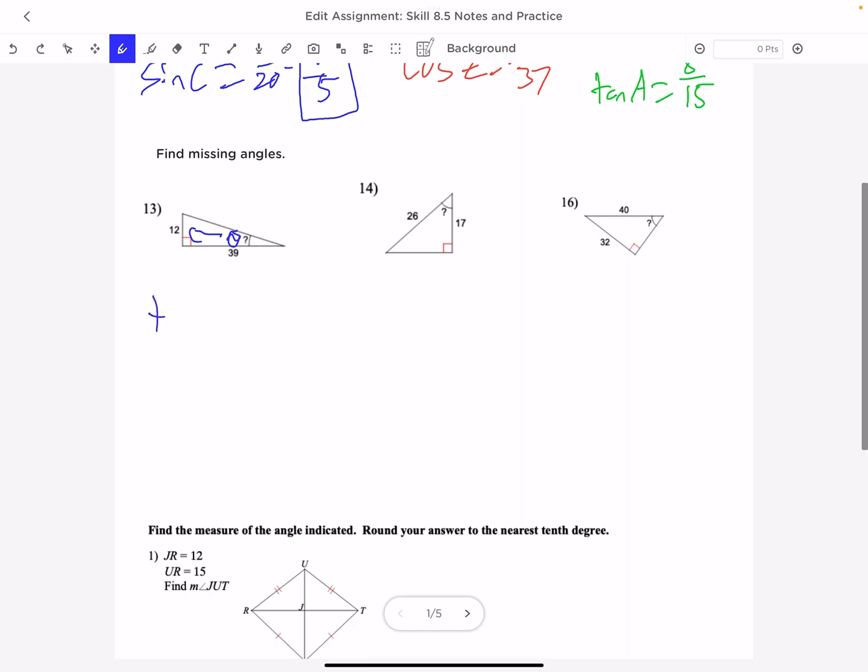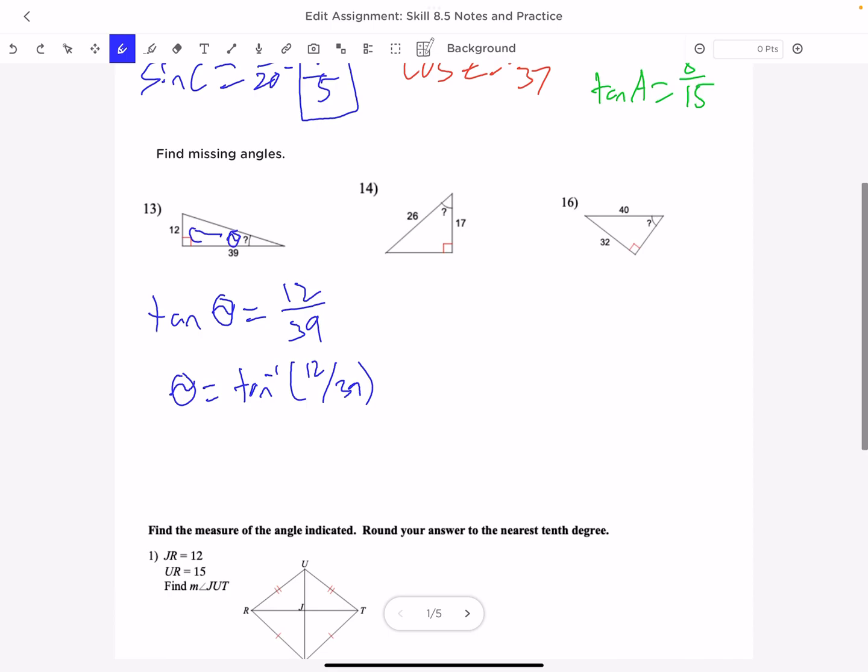So tangent of theta is equal to 12 over 39. To find the angle, I just do the inverse tangent. So theta is equal to tan minus 1 of 12 over 39. And this is going to give us our angle measure.